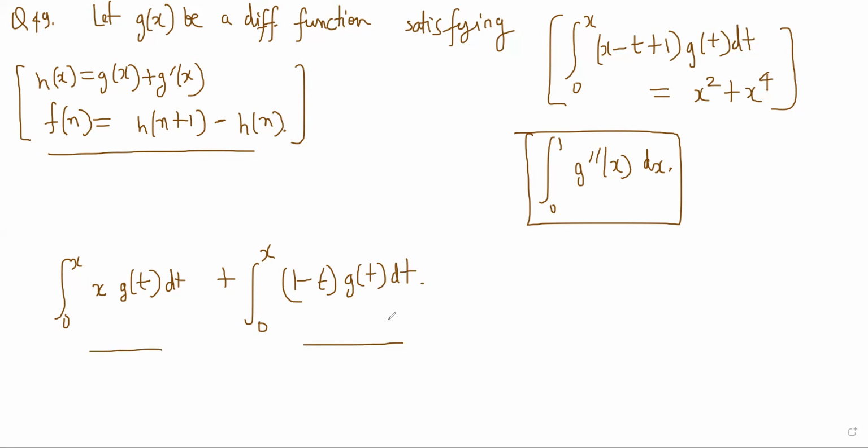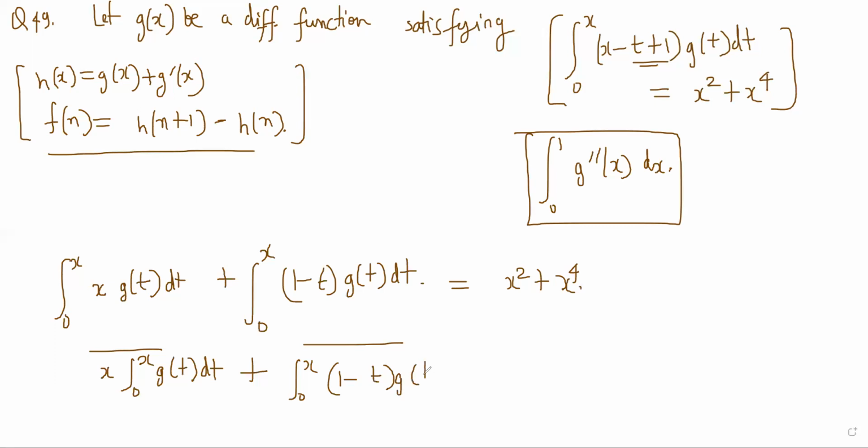I've split it into two parts, is equal to x square plus x power 4, because the dependency on x was only on the t variable. There's a t variable that we need to care about. Here x will go out of this integral and it will be 0 to x g of t dt plus 0 to x 1 minus t g t dt, right?